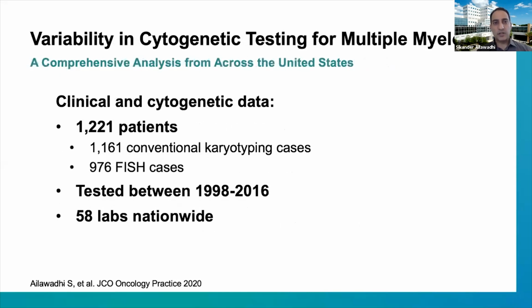So as I mentioned, this particular study, which just got published, we looked at more than 1,200 patients' data, including a little more than 1,100 conventional karyotypes and close to 1,000 FISH results over a span of about 18 years, tested across 58 different labs in the US.